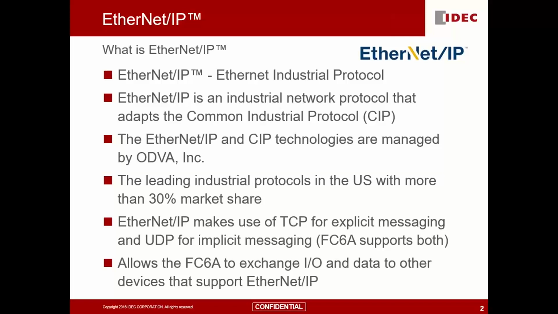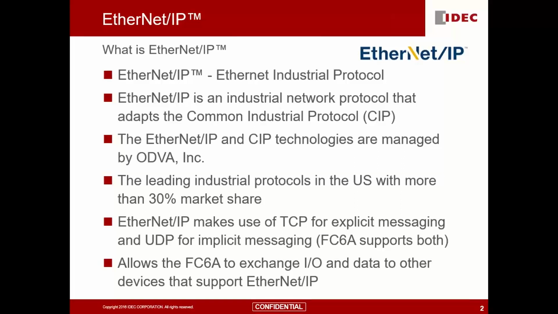EtherNet/IP is an industrial network protocol that adapts what you call the CIP, which is Common Industrial Protocol. It's managed by ODVA. It is actually one of the leading industrial protocols in the US right now, which we're estimating at more than 30% market share.